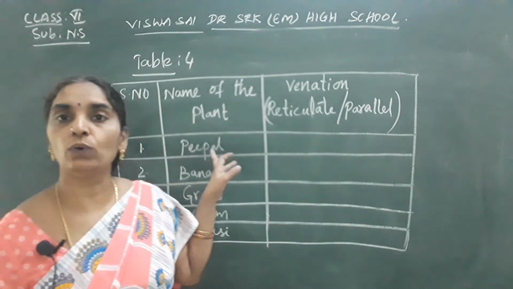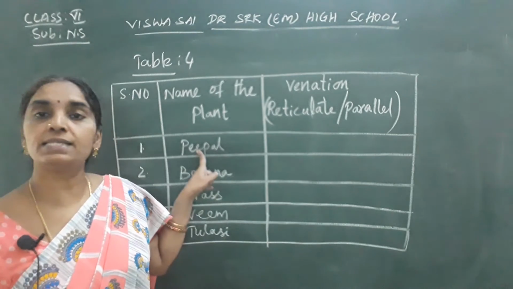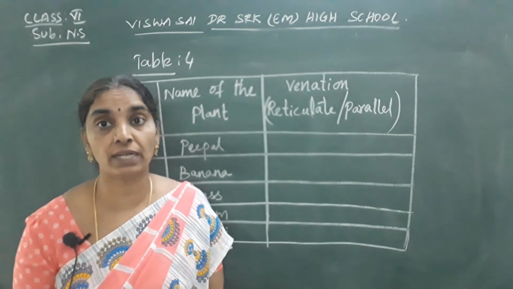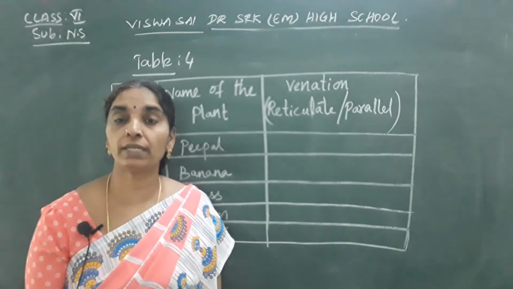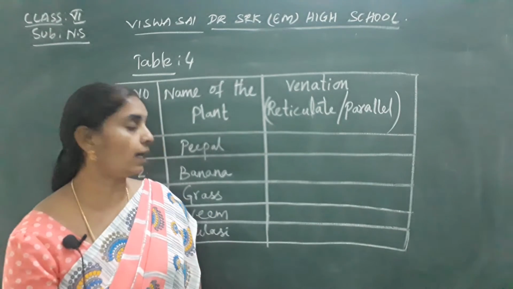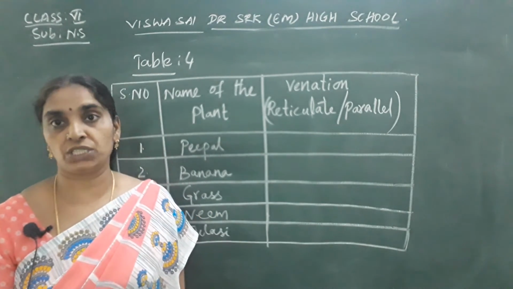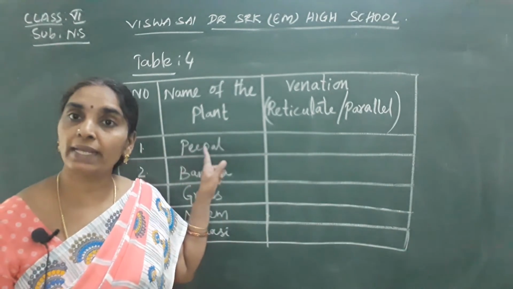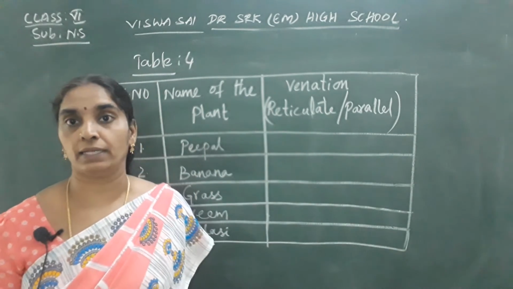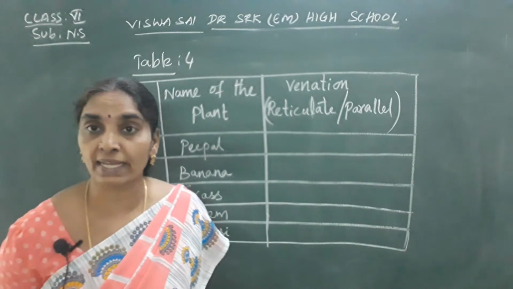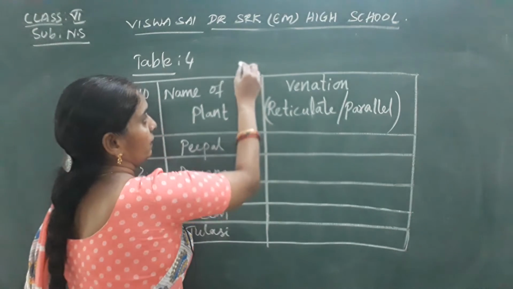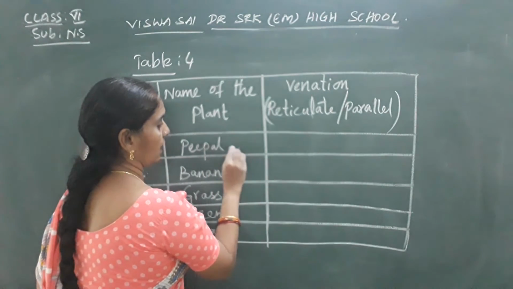Okay, so you already know what type of venation the peepal leaf contains. What is venation, children? Once again we'll recall the topic. The arrangement of veins and veinlets on the leaf lamina is called venation. So now how are the veins arranged on the peepal leaf? They are arranged in a reticulate manner, that is a network-like arrangement is seen in the peepal leaf, isn't it? So in the peepal you have already seen how it is.